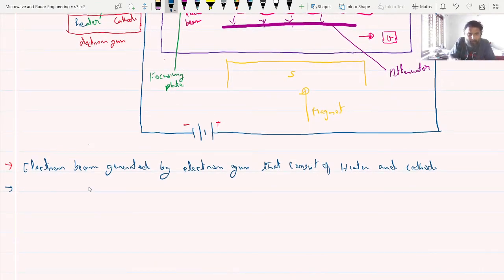Electrons generated by the electron gun are moving towards where? Towards the anode. This anode is known as the collector.